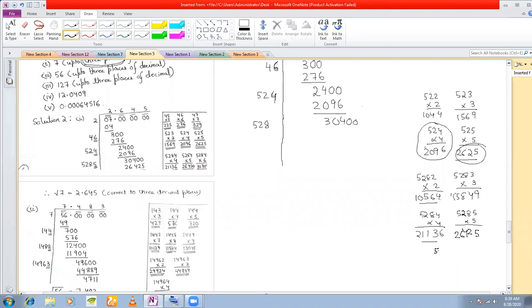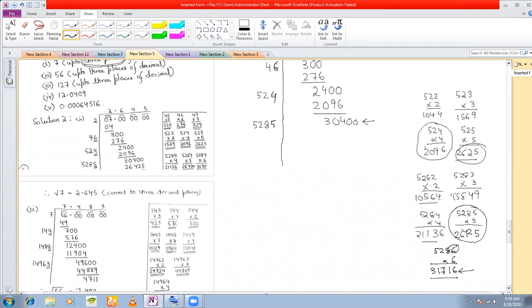So we'll try one more. 5286 also. 5286 into 6 is 31,716. So we are actually getting, if you are placing the digit 6 here, a number that is greater than 30,400. Okay, so we'll choose the number 5, this one, which is just less than 30,400.